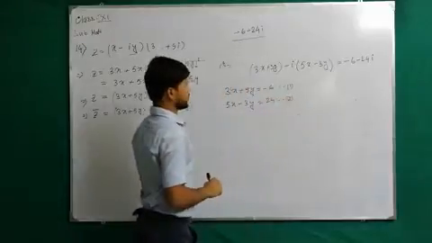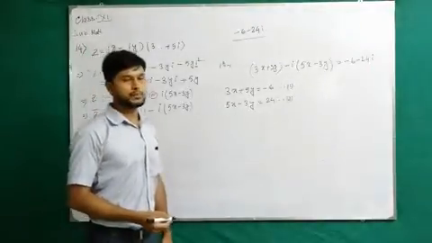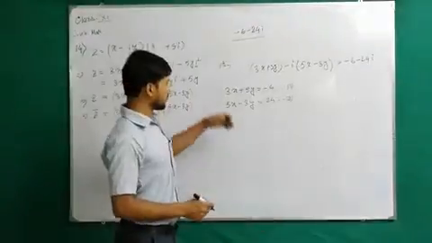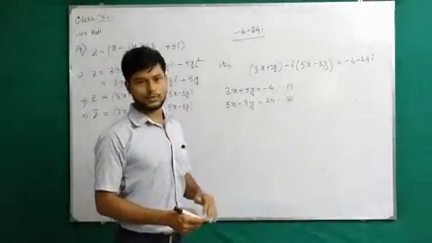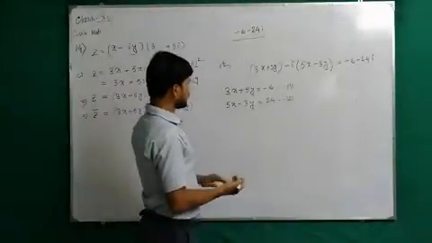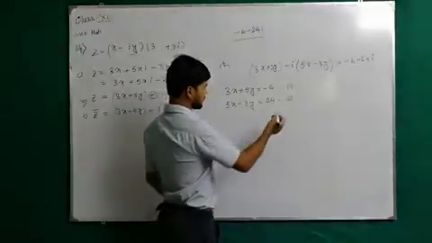This is the second equation. Now from equation 1 and equation 2 we have to calculate the values of x and y. This is a linear equation in two variables, and we know very well how to solve this type of equation. So we apply the elimination method.